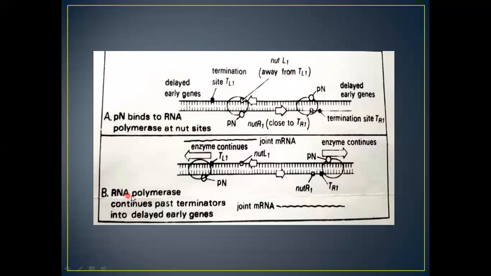Then in diagram B, RNA polymerase continues past terminators into delayed early genes. Here the protein N binds to the RNA polymerase and the enzyme continues its function. The N gene product binds to a short sequence of RNA transcribed from DNA located nearby, that is near the NUT site, the utilization site.